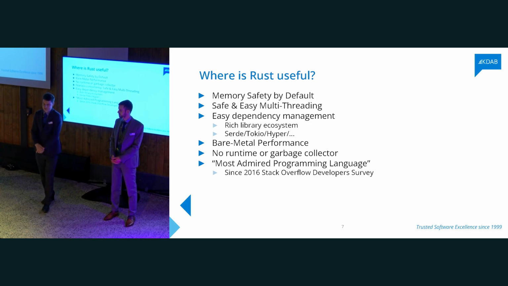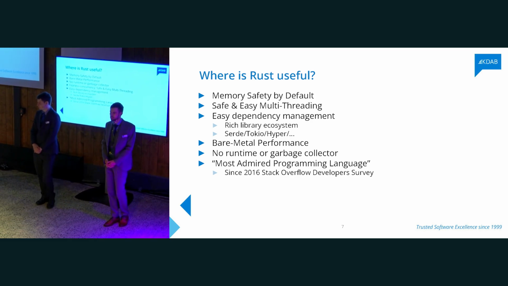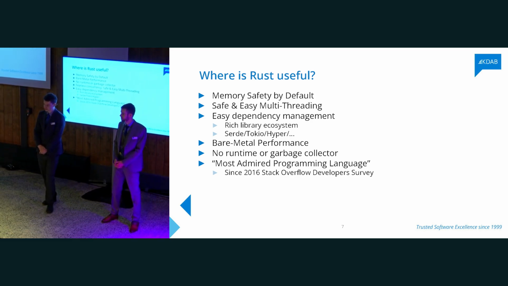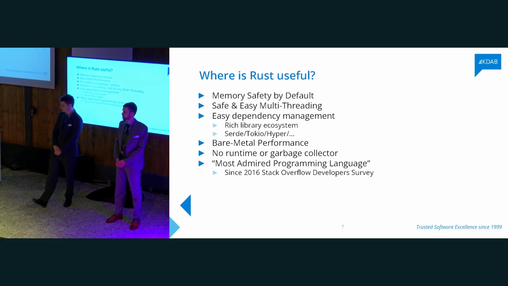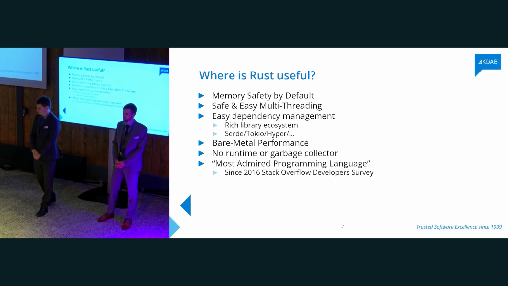And it's using modern systems for easy dependency management, and has a rich library ecosystem that you can easily use through Cargo. This has all led to Rust being the most admired programming language since 2016 in the Stack Overflow Developers Survey.